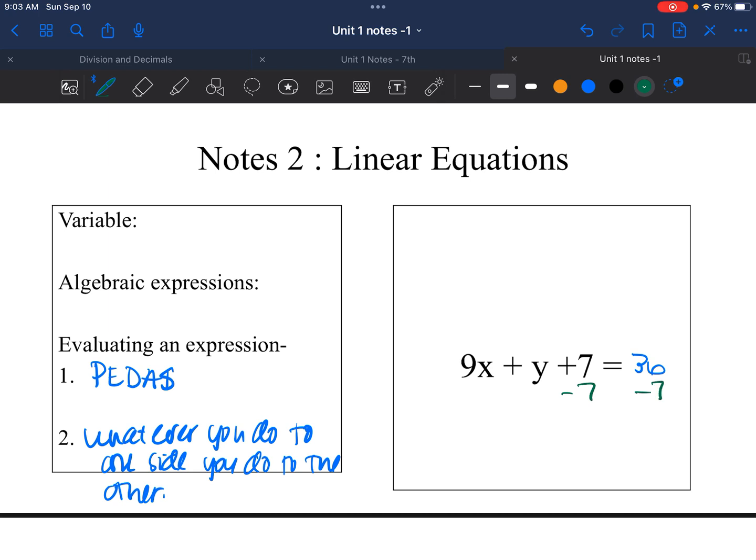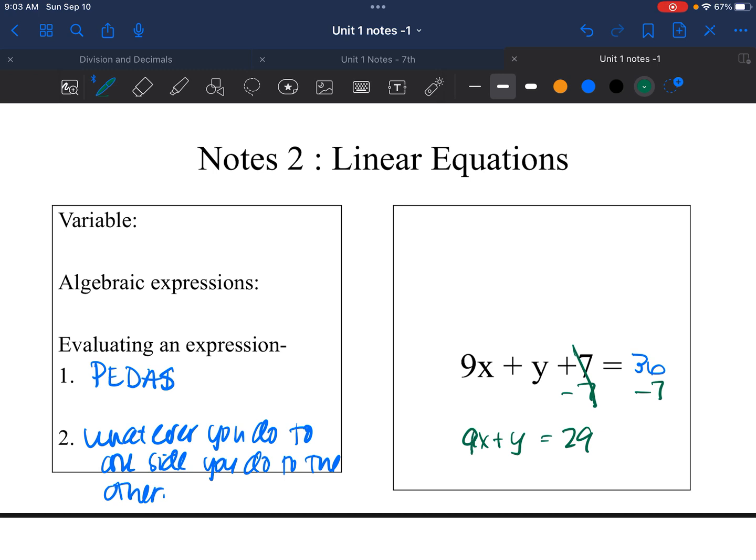So first I am doing the subtraction because we go in reverse order for our PEMDAS when we are evaluating expressions. So we do addition and subtraction first. I am subtracting 7 from this side, subtracting 7 from that side. So it'd be 9x plus y is now equal to 29.